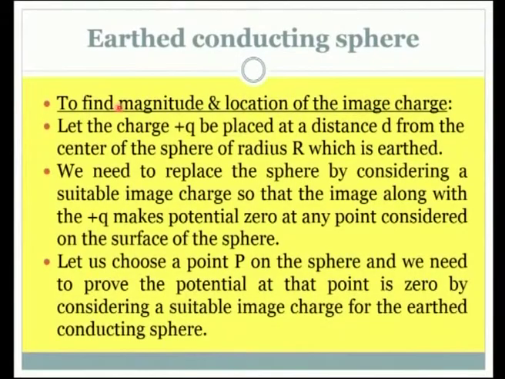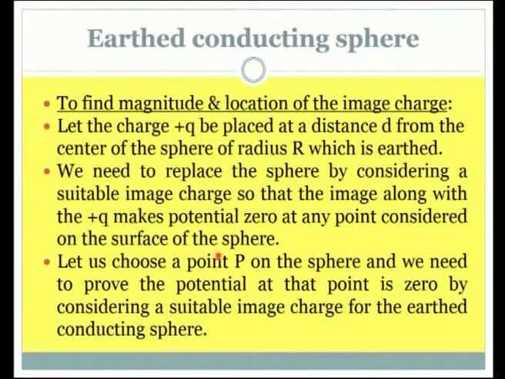Let us go ahead with the discussion. To find the magnitude and location of the image charge, what do we do? Let the charge plus q be placed at a distance d from the center of the sphere of radius r, which is earthed. We need to replace the sphere by considering a suitable image charge, so that the image along with the plus q makes potential 0 at any point considered on the surface of the sphere.